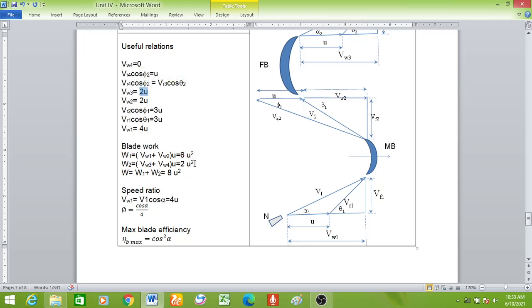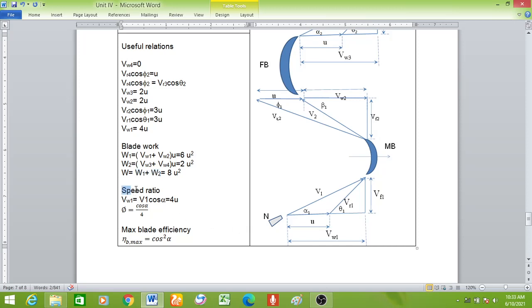So 2 times u square will be the blade work of the second set of moving blade. Now if you add the work from the first stage and the second stage, it is going to be 8u square. This is the blade work under maximum blade efficiency.